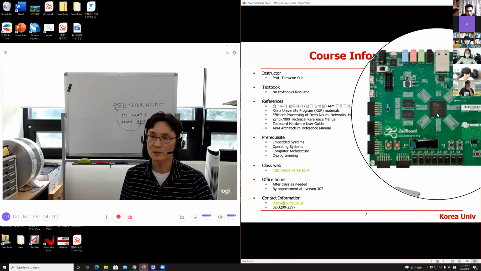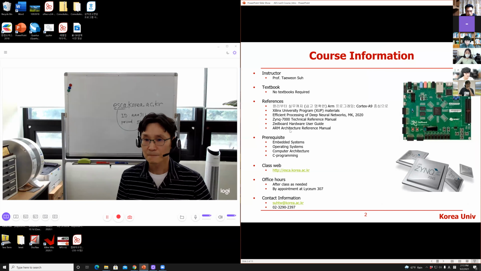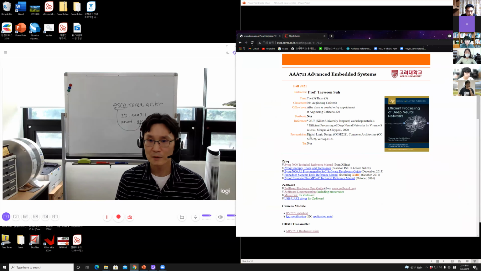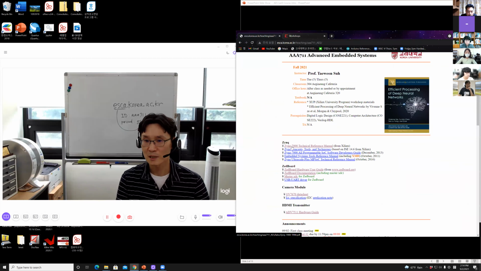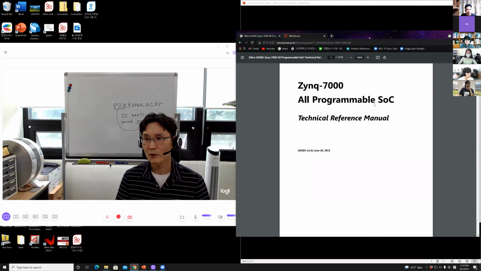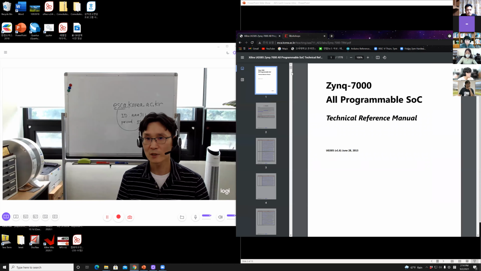This Zynq 7000 TRM explains the hardware details of this device. It is pretty lengthy, 1775 pages. You don't have to read everything, only the appropriate sections you need.